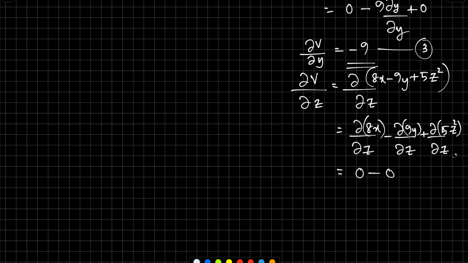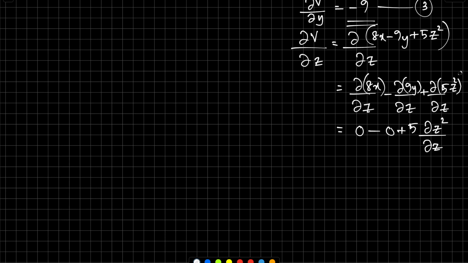Third term, we have z at the top, so take the constant outside, 5, then dou by dou z of z square. Or you can multiply the power with the coefficient, so it will be 10z. So 5 times dou by dou z of z square is 2z, so the answer will be 10z. That is dou v over dou z. Let's call this equation number 4.